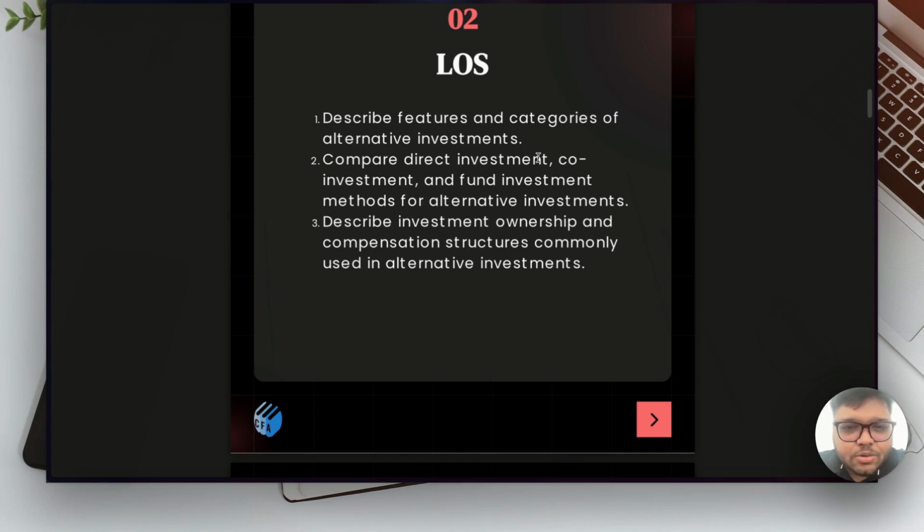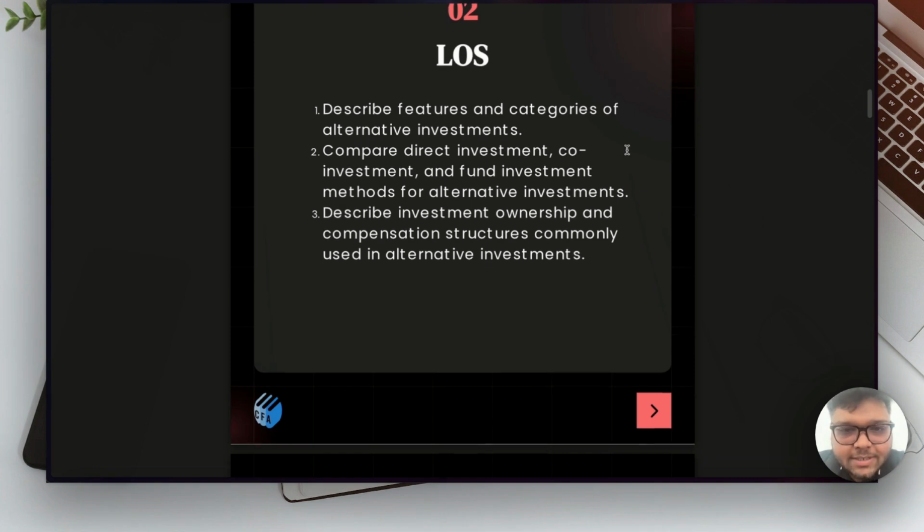Direct investment is where you directly invest, co-investment is where you invest with somebody, and fund investment is where you invest with a fund. I'm just directly extrapolating the English language meaning of it. I have not added any technical terminology or jargon, but that is my initial understanding. Now I have a starting point. When I start reading the content now, my brain is now actively trying to fill the gaps or find out more information about this learning objective. That's what we will do next.